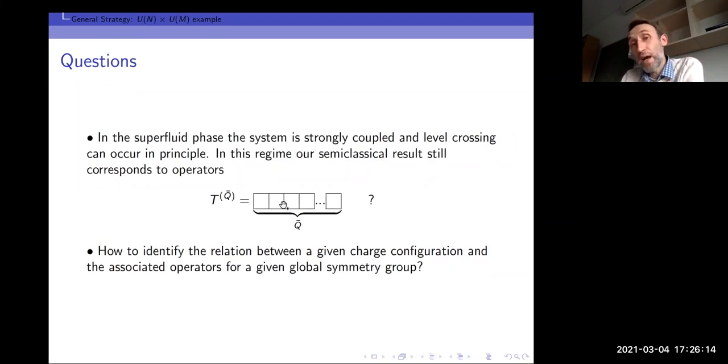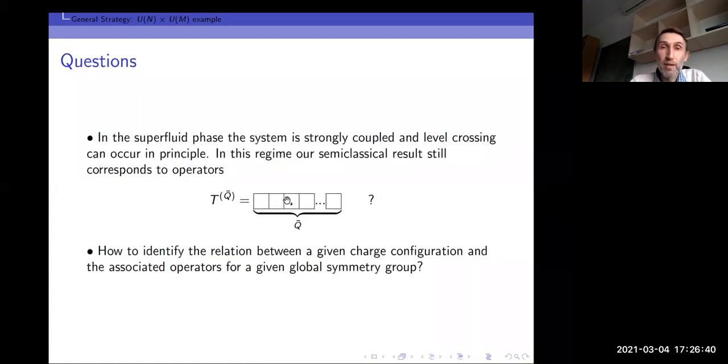Anyway, the first important question I view as we go on is that in the perturbative regime, we identified our operator with the traceless symmetric tensor. But in the superfluid phase, where the system is strongly coupled, in principle other operators can become important. In fact, level crossing can happen where other operators have a lower dimension than the ones I mentioned for the traceless symmetric tensor.